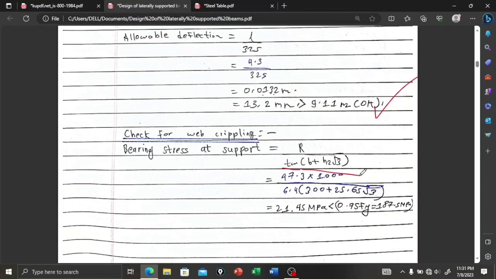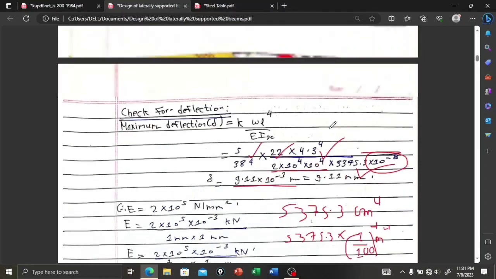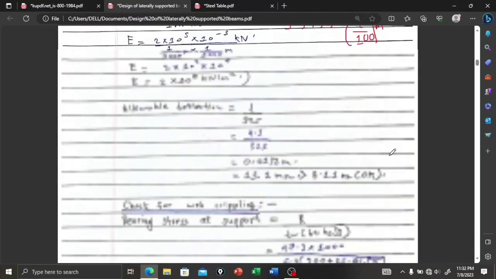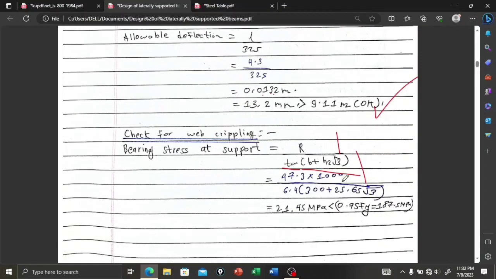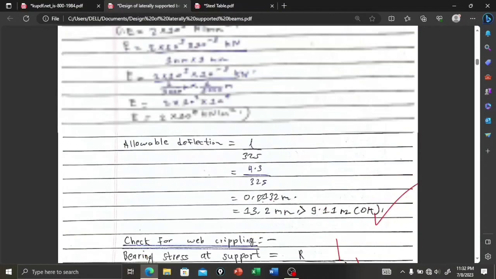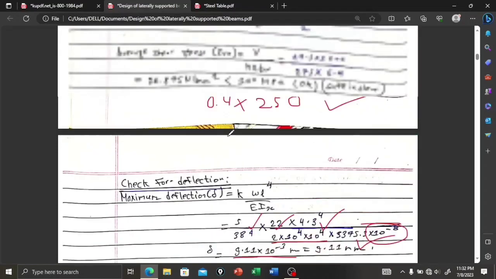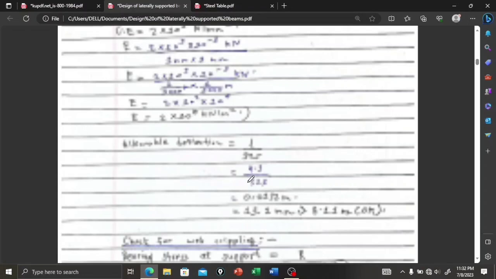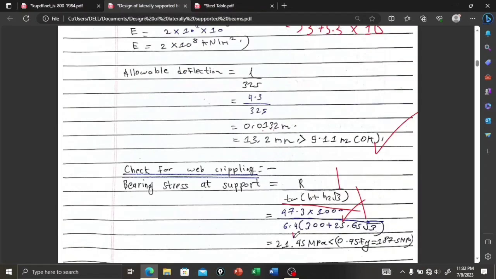So this is force, this is area. 47.3 is the R, kilonewton to Newton, multiplied by 1000. tw is 6.4 millimeter. b is the width of support, 300. Just 2 is 25.65.